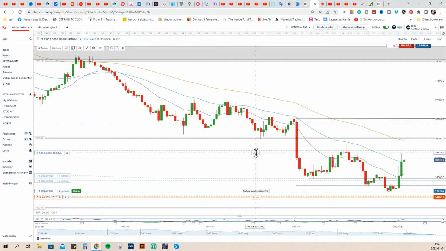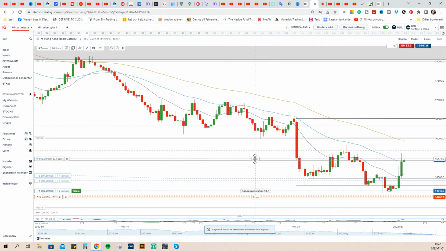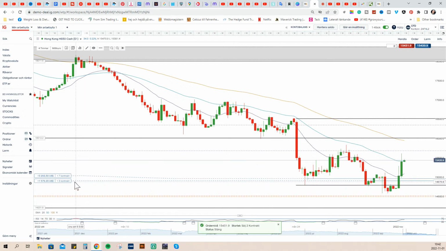I put my take profit level up here. It was so close. It didn't cash in my profits on this risk reward ratio of 1 to 6 times the money. But I will cash it in, because at this level I have a risk reward ratio of 1 to 5 times my money. That's good enough.